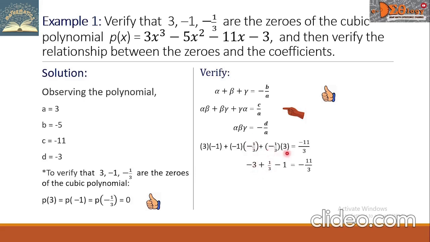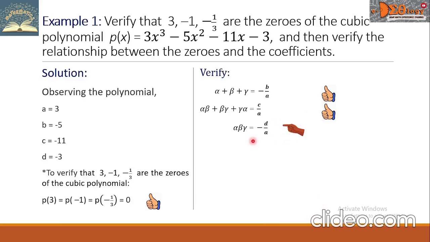Negative 1/3 times 3 is negative 1, equals the negative 11 over 3. We can combine this negative 3 and negative 1. It becomes negative 4, and that is equivalent to the fraction negative 12 over 3. Then plus this 1/3 equals negative 11 over 3. Simplifying the left side, we will come to negative 11 over 3. That is the same value on the right side. Then we are able to verify the second relationship.